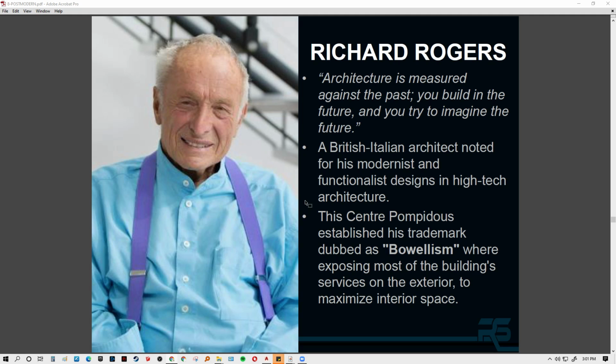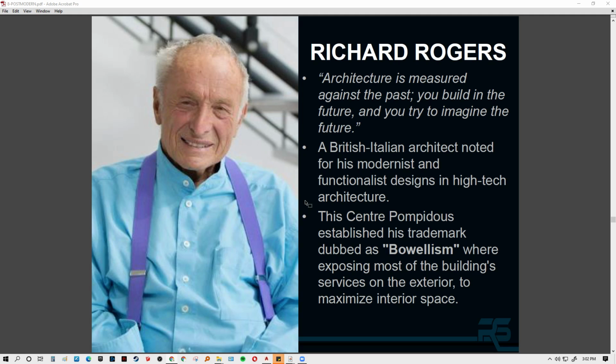Another one we have is Richard Rogers. They were partners on a certain structure. For him, architecture is measured against the past. You build for the future and you try to imagine the future, like Norman Foster. Since the future is uncertain, you have to look at the setbacks from previous architectural styles in order to innovate or make it better in the future.